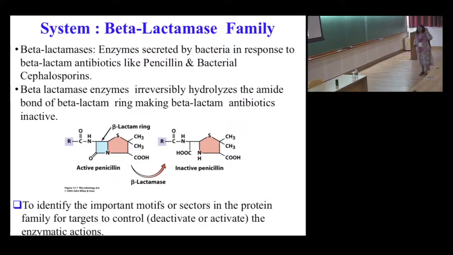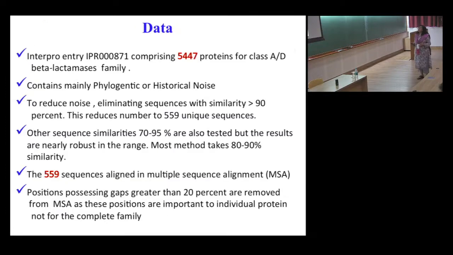And the method that I'll be outlining is in general for any proteins, or for that matter DNA, RNA. So we'll be trying to identify the important clusters and positions of this family of proteins.